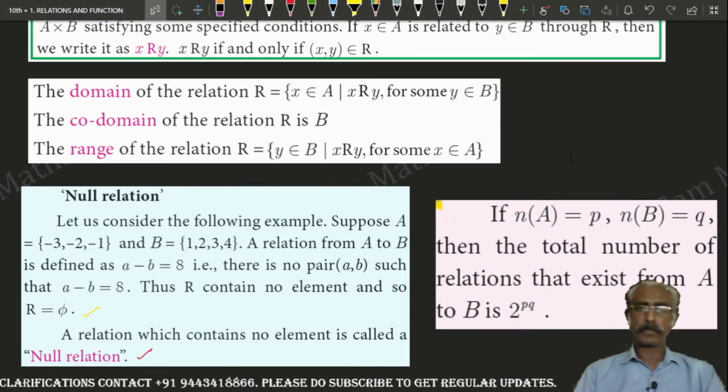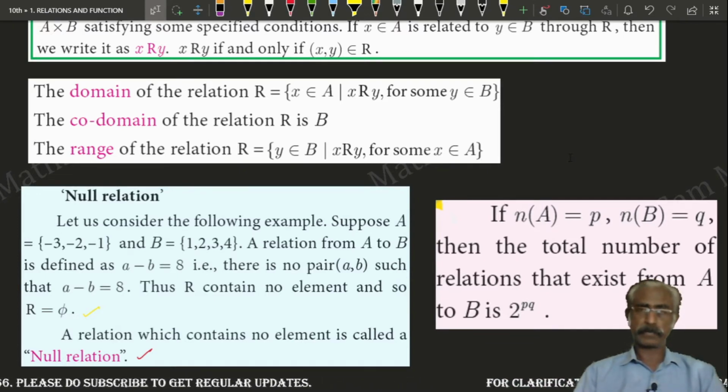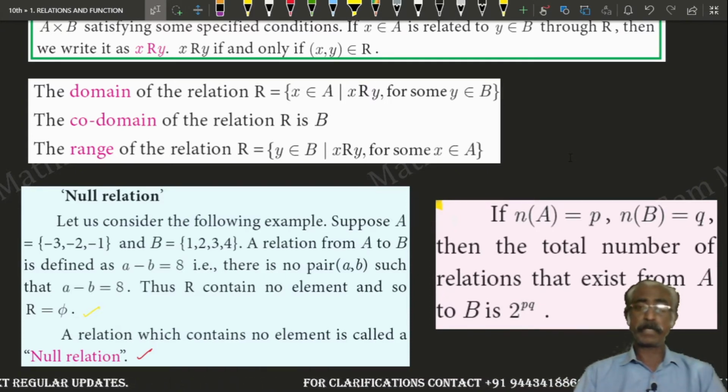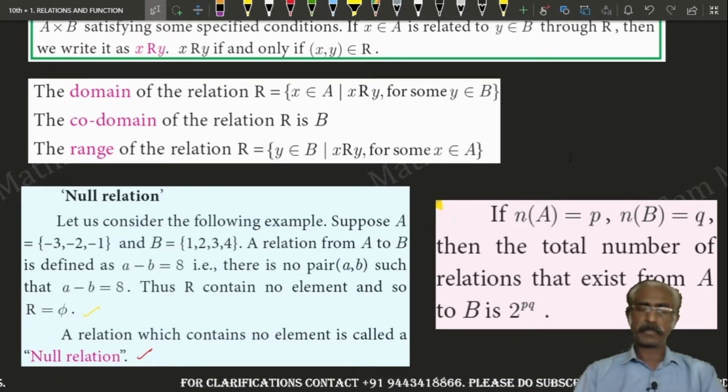If n(A) is equal to p, that is number of elements in A set is p, and n(B) is q, then the total number of relations that exist from A to B is 2 power pq. So based on this, they can ask even objective questions.